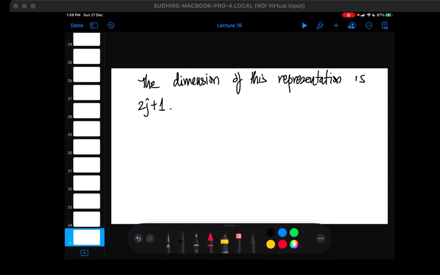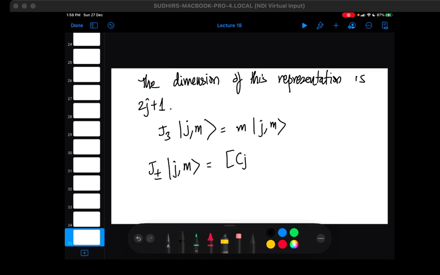So we can use the relations j3 acting on jm is equal to m, which you have seen anyway. Now that we have already found these coefficients, j plus minus acting on jm would be the square root of j minus plus m times j plus minus m plus 1, times jm plus minus 1.